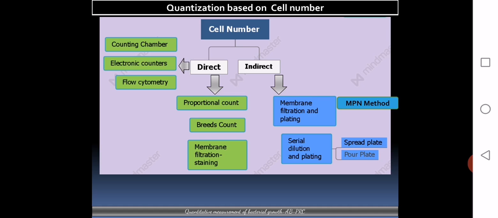Under the indirect category, membrane filtration and plating will give you an indirect number. That means all these are purely based on plating: serial dilution and plating, membrane filtration and plating, and the third one, the MPN method, will also give you an indirect measurement. That's a tube based method.